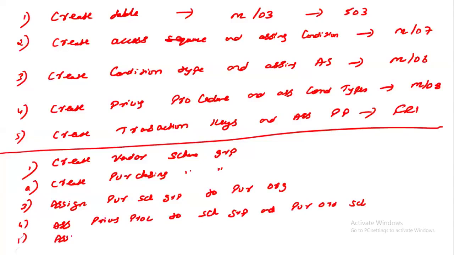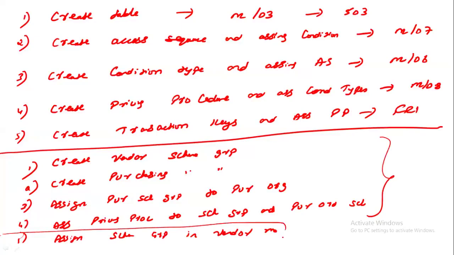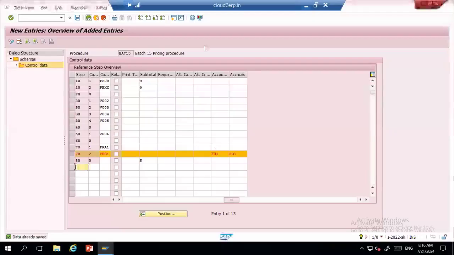Then assign this schema group in vendor master. These all are standard. You can do it from configuration, but this one needs to be done at the vendor master level. When you assign the schema group to the vendor, only then the schema group will be on, and only then the pricing procedure will come into purchase order. So let me go to config again. As of now, I'll go one step back.